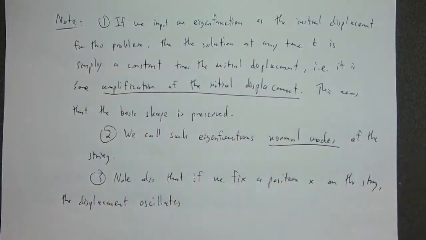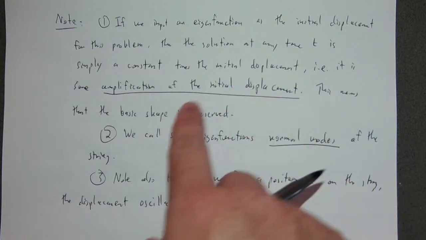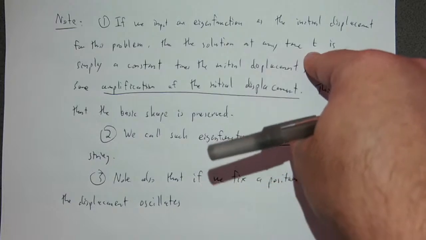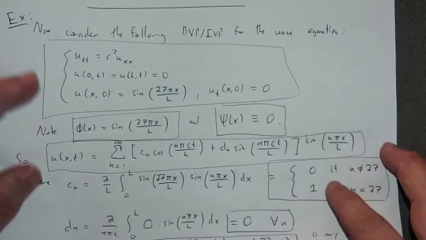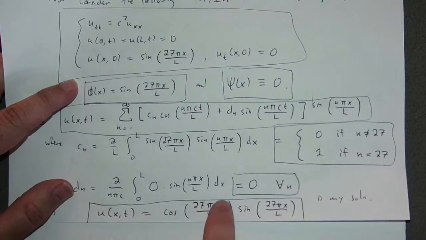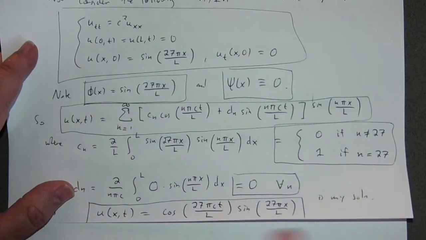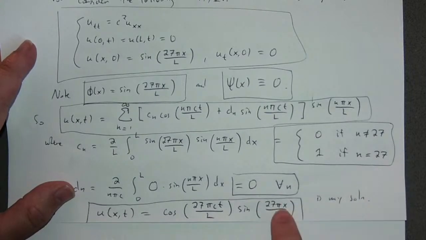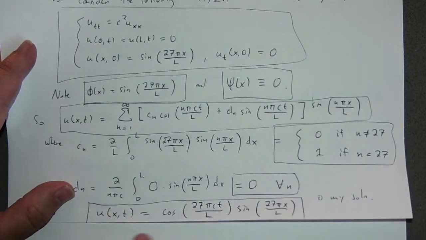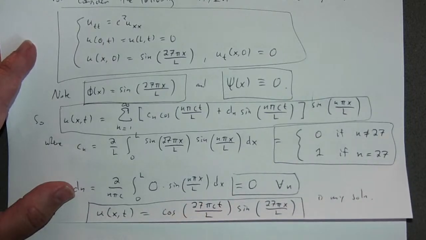For the first bit, we were fixing a time t and noticing that, for a fixed time t, this solution is just some constant times the initial shape, this initial displacement. But if we think in reverse, and fix a position x, looking at this solution, it's going to oscillate, governed by this cosine term.